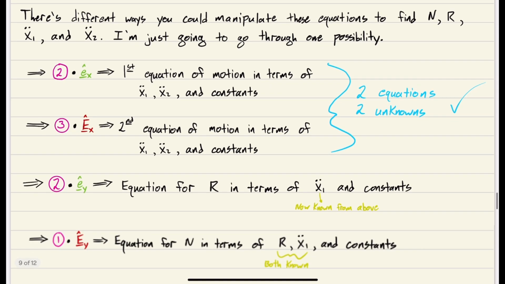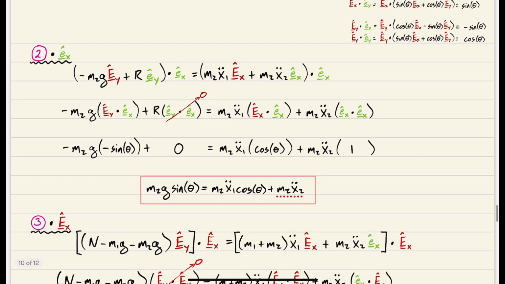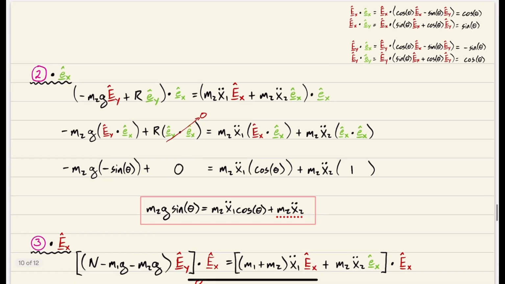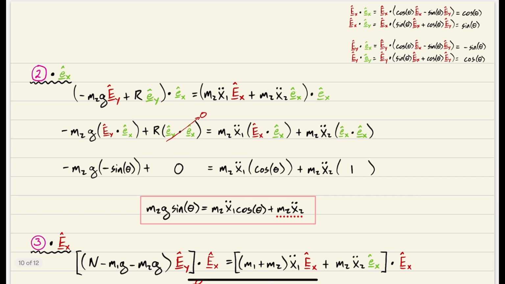So let's go ahead and plug through some of these numbers. I'm not going to talk extensively through these. I'll just let you look at them, but I'll talk through the first one. I'm taking equation 2 and dotting it with EX, both sides. EX dotted with EY, you're going to end up with that down here. EX dotted with EY is going to be 0. That's getting rid of this R term.